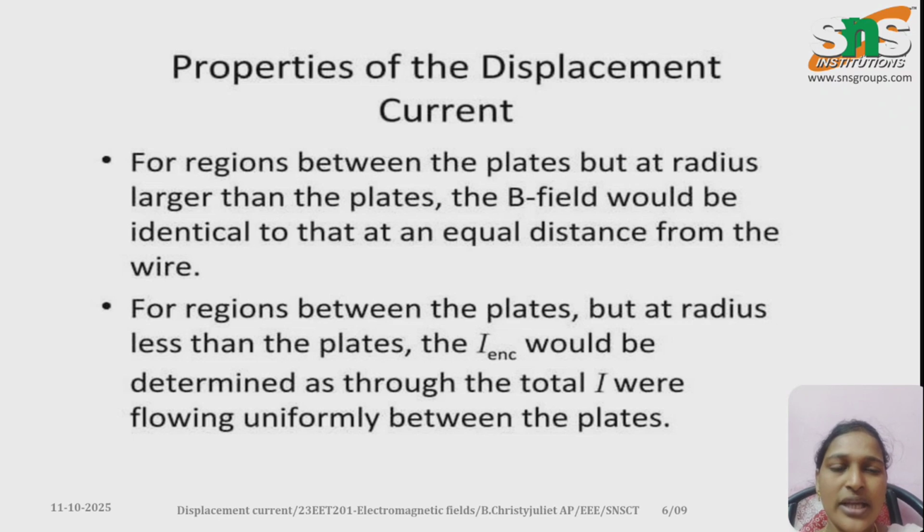Now let's get into the properties of displacement current. Between the plates, if the radius is very large, then the magnetic flux density would be identical to that at an equal distance from the wire. For regions between the plates where the radius is smaller, the I enclosed would be enough to determine the total current flowing through the plates, which is very uniform.